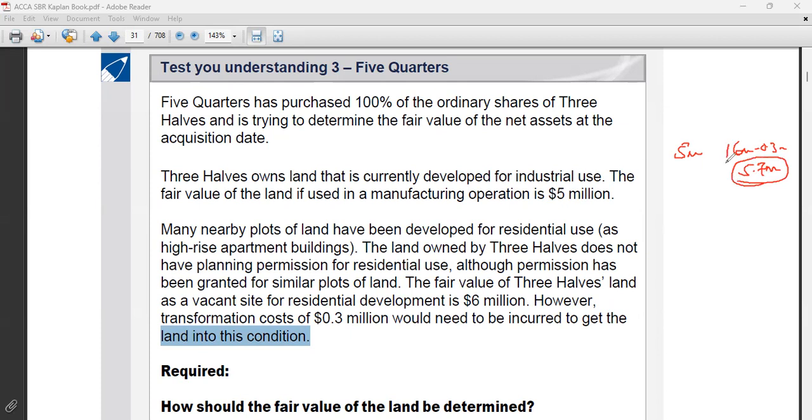This deduction is just like the transportation cost we just did. If this had come to 4.9 after the deduction, which one would have been the most advantageous? The 5 million.